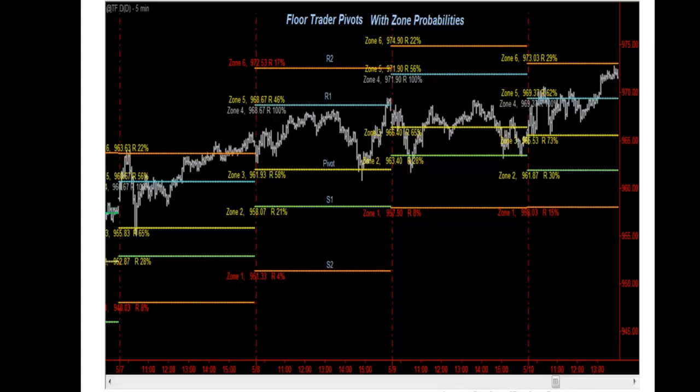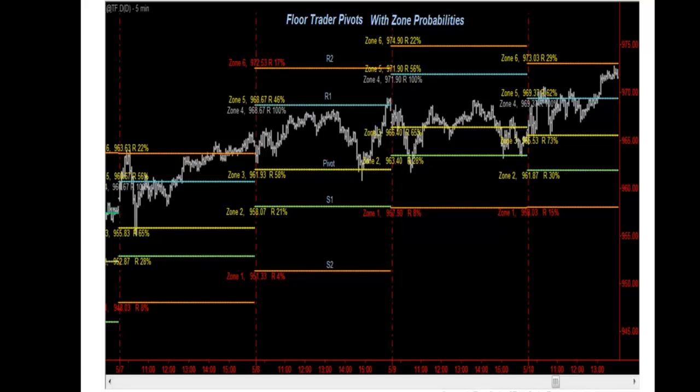But what we've done is to use those floor trader pivot numbers as a way to put into perspective the relationship between yesterday's close and today's open. And then what we've done, through a great deal of research over about 20 years' worth of data, is to look at every day's intraday behavior, look at where the price opened compared to where yesterday's price closed.